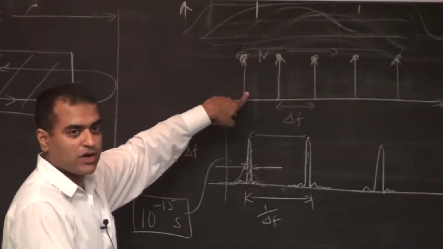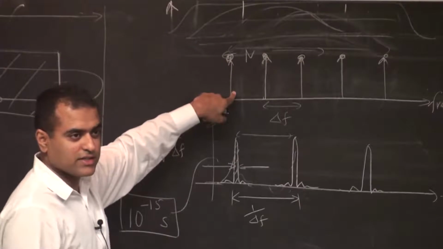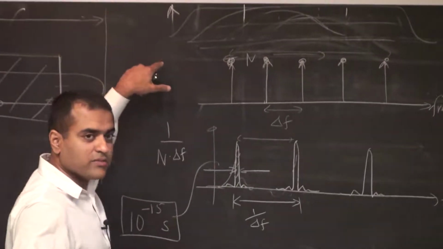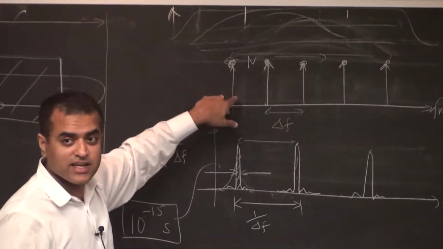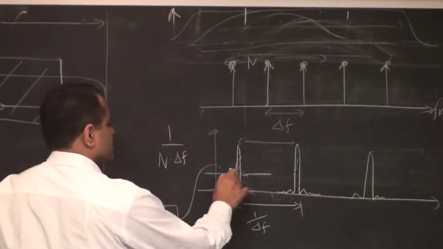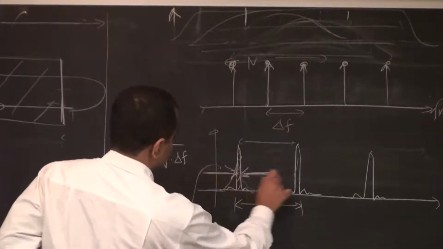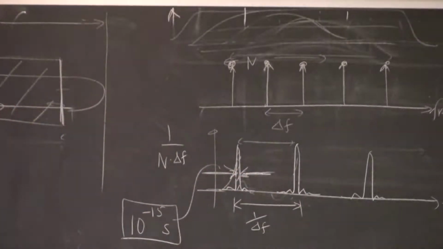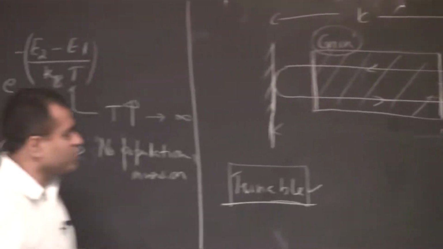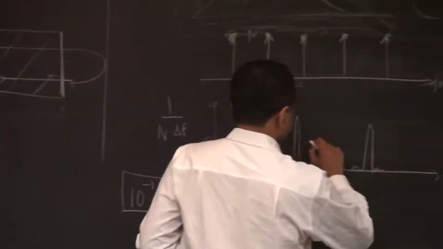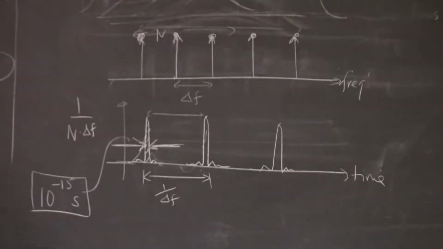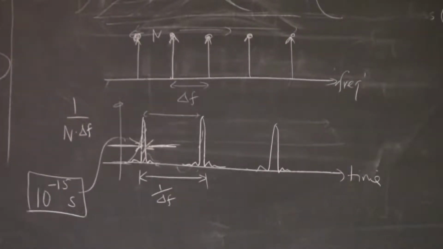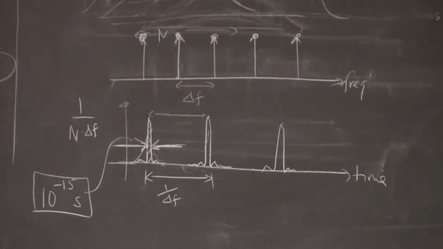So this is called mode locking. It's a mode lock laser. You have a lot of modes going, but all of them are locked to the same phase. And when you do that, you can generate some of the shortest pulses that we can do on Earth today. Instead of a lot of energy going in as a DC, as you do in a single mode laser, it's going in very short pulses. The same amount of energy, but going in very short pulses.